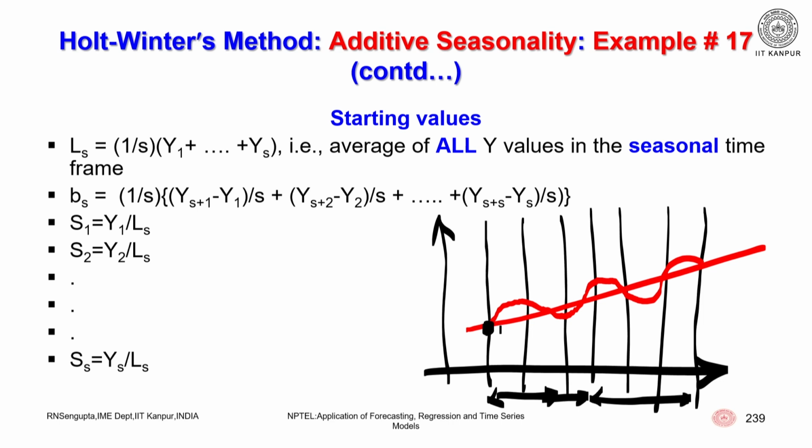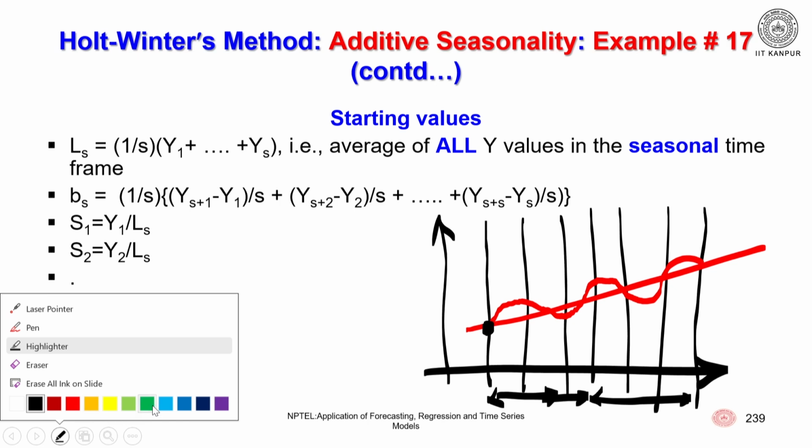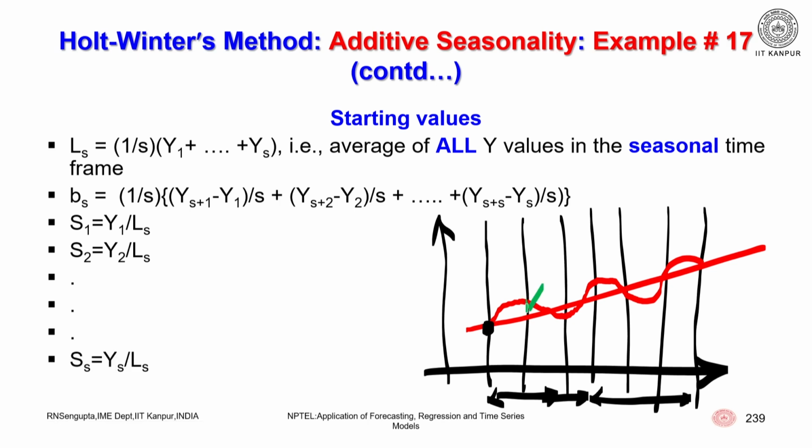The values of ys plus 1 and yn are the corresponding differences between, for example, here, with 3 time frames, 1, 2, 3. Then if I move to ys plus 2, it corresponds to this time frame by this time frame. So, you will just move in blocks.